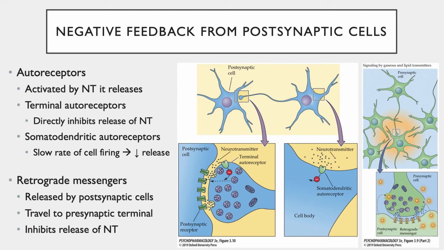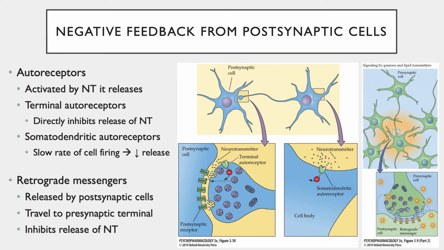The terminal autoreceptor more directly inhibits the cell, whereas the somatodendritic autoreceptor slows the rate of cell firing, which then indirectly reduces release. Somatodendritic autoreceptors can be located on cell bodies or on dendrites. Again, when they're activated, there's an indirect impact that leads to reduced release of neurotransmitter.